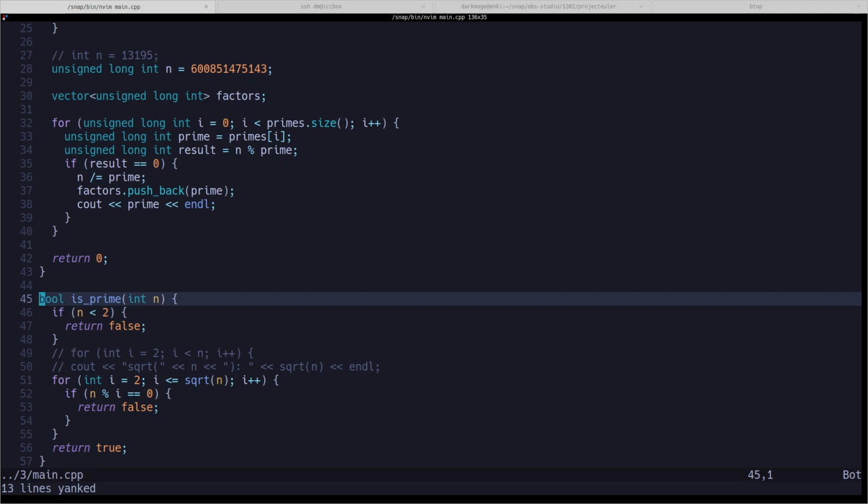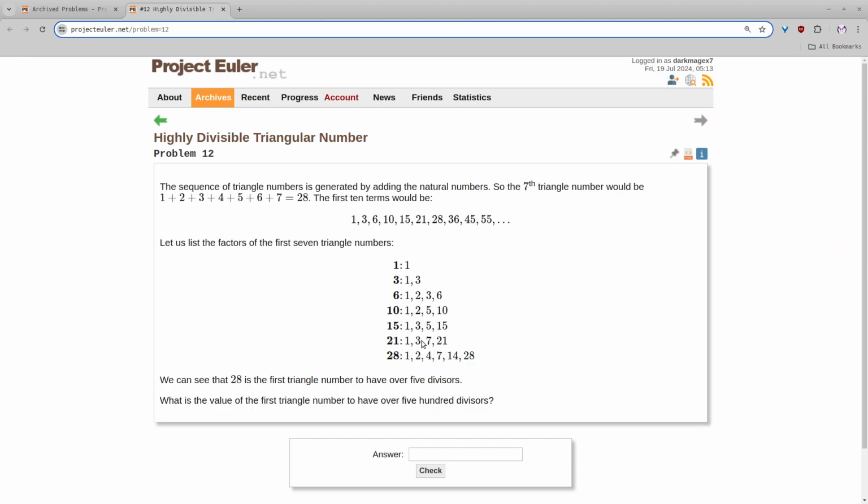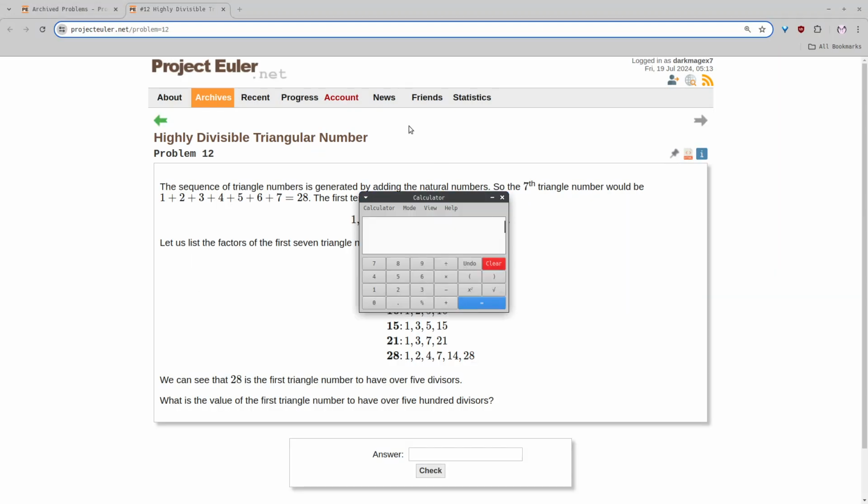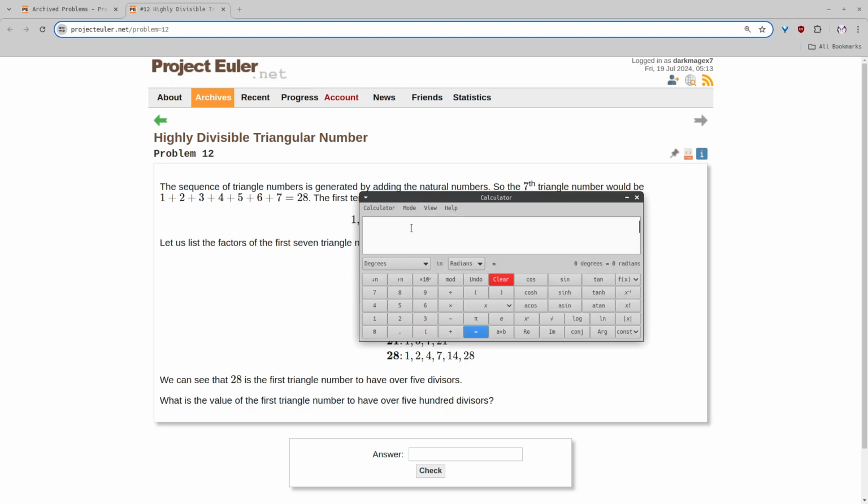It's not half n, but square root of n. But here, we don't only go to square root of n, or better yet, what is square root of 28? 5.29.